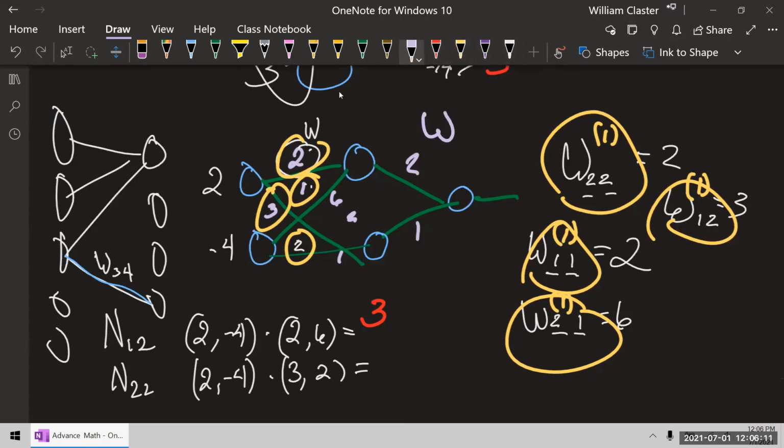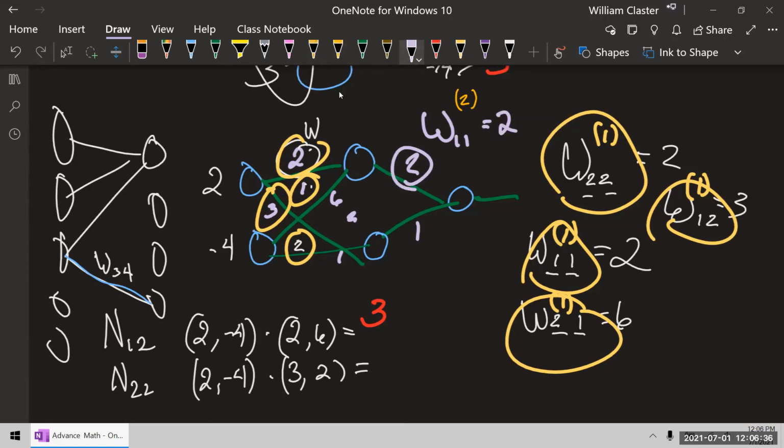So we have this one, which goes from 1 to 1, W11, and that is in layer 2. Okay, so this one is equal to 2, right? Here's a 2.